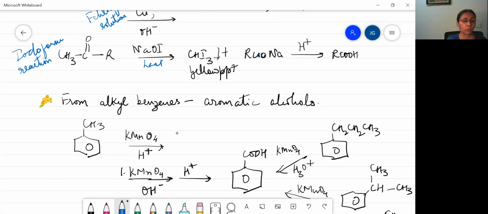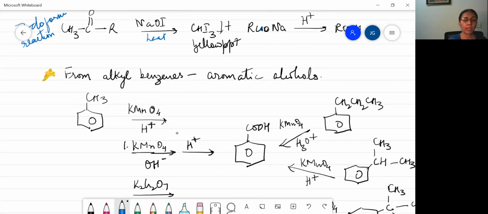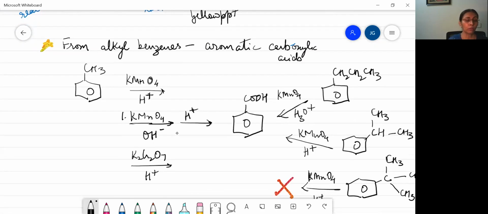Next is from alkyl benzene. Alkyl benzenes are used to prepare aromatic carboxylic acids. You take any alkyl benzene, for example, here I'm taking methyl benzene or toluene.